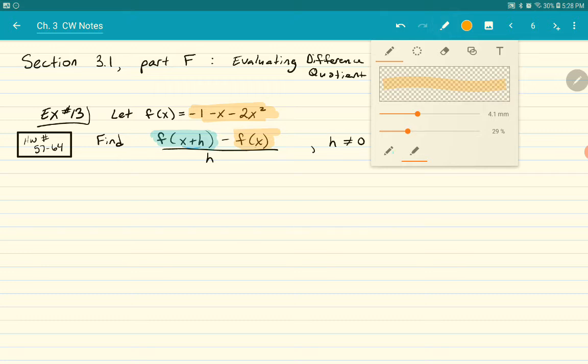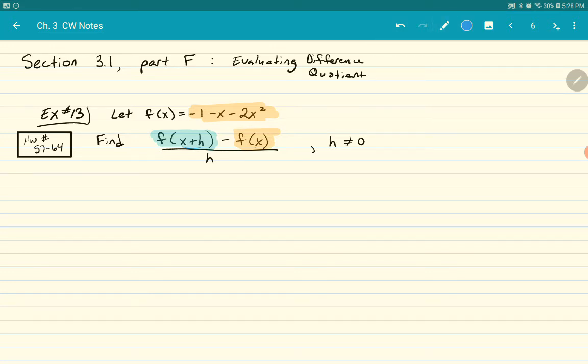So to evaluate the difference quotient, I want to find f of x plus h, and then subtract what we're given up above in orange, the -1 minus x minus 2x squared, and then divide all of that by h.